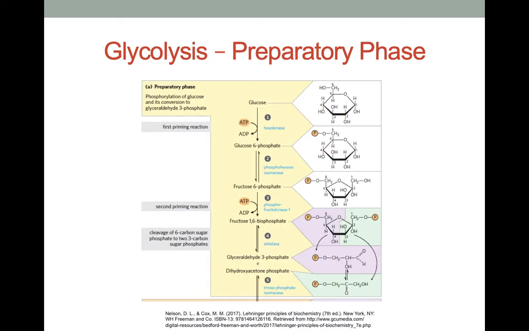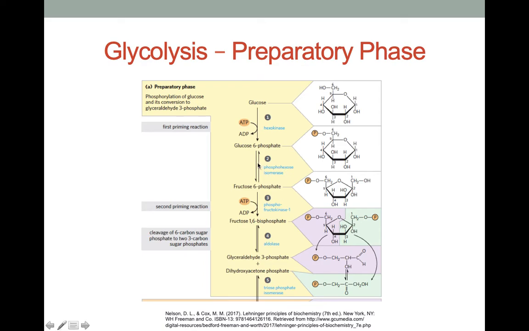With glycolysis, the whole process is made up of 10 steps. Those 10 steps can be broken down into two phases. The first 5 steps are your preparatory phase, and the next 5 steps, steps 6 through 10, are part of your payoff phase. If we look at the preparatory phase, each of these 5 reactions has a different enzyme.